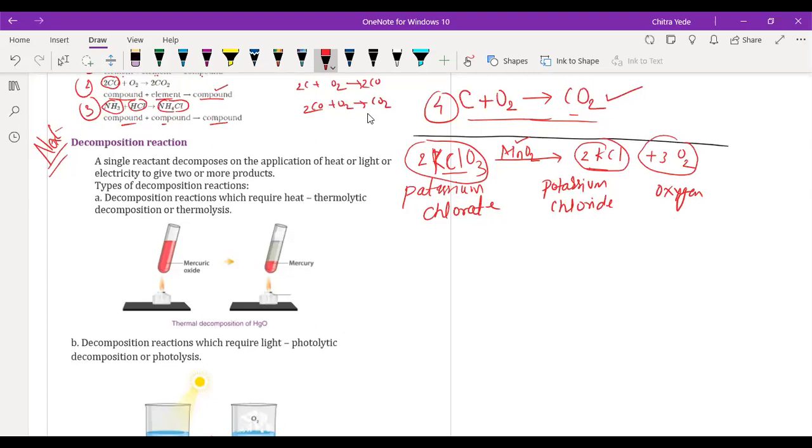So we have to define this reaction also. What will be the definition?